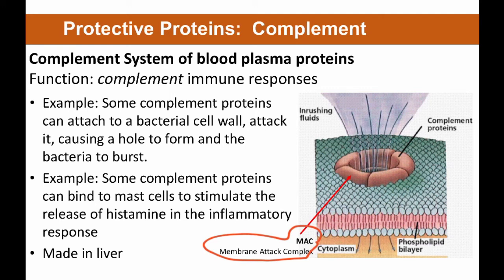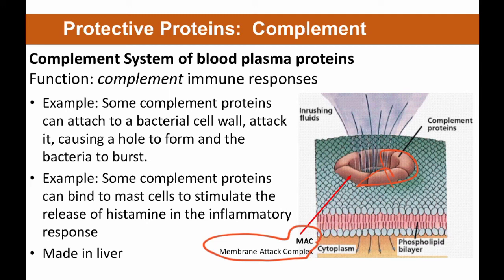Now remember that tissue fluids are going to be hypotonic to the interior of the cell, and when you have a huge opening in the cell, like you have when you have a membrane attack complex in play, you end up with fluid and ions rushing in, and the bacterial cell explodes.